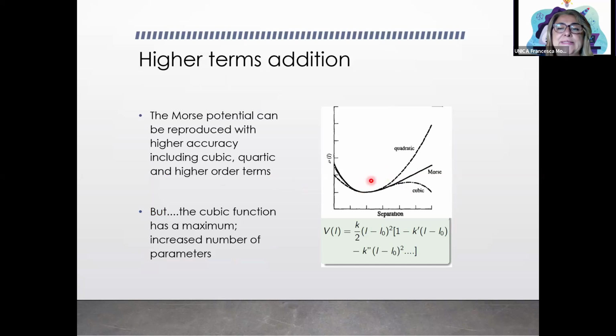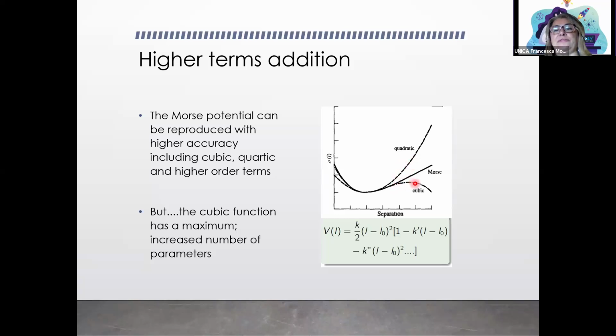We can increase the region in which we reproduce the Morse potential through simple terms by adding other terms like cubic, quartic, and other higher order terms. However, we have to pay attention because, for example, the cubic function has a maximum which does not exist in reality.